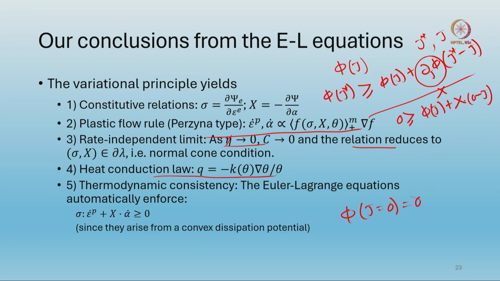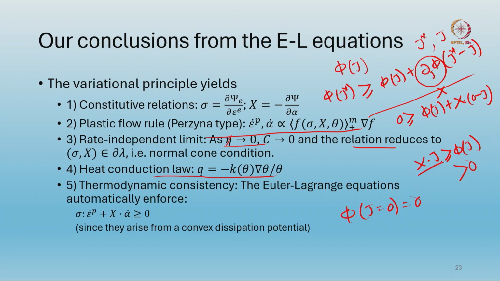So basically, if you take x dot minus j to the left hand side, then you get x dot j is greater than or equal to phi of j. You understand? Since j is away from 0, because j star was 0 and so j is different from j star, phi of j, being strictly convex, is definitely greater than 0.